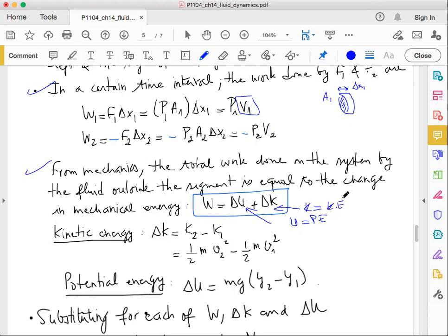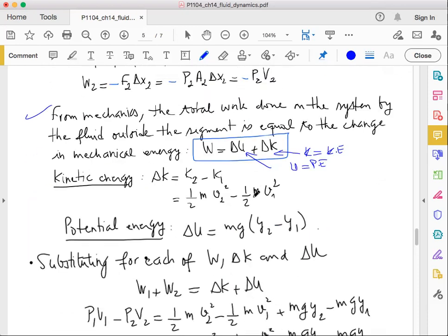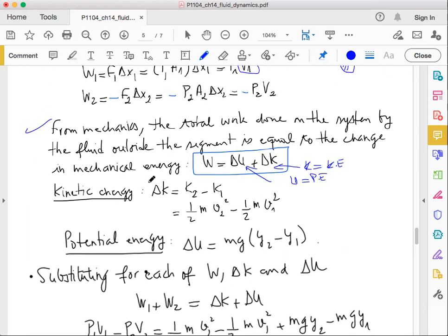What is going on in terms of kinetic energy and in terms of potential energy? The variation of the kinetic energy is given by delta K equals K2 minus K1, so it is equal to half m v2 squared minus half m v1 squared. For the potential energy, the potential energy has the expression m times g times y.